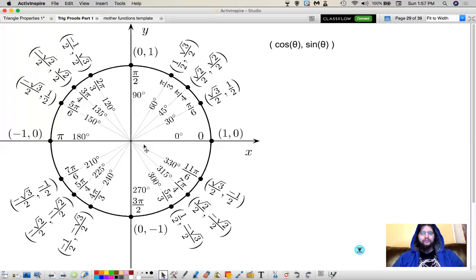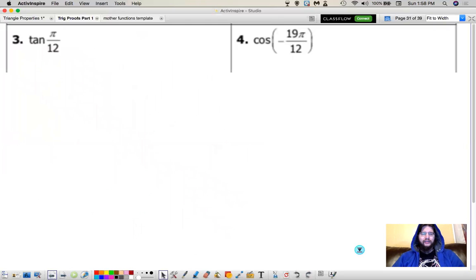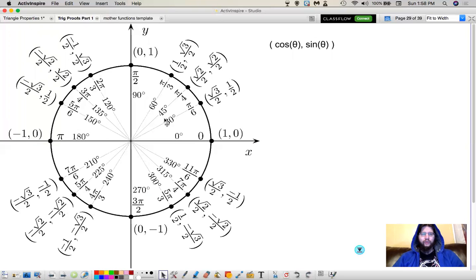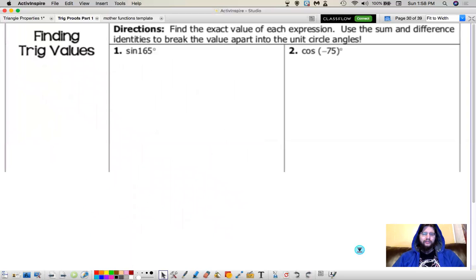Let's see if we can add, let's see, 165. So that's 120 plus 45. So there we go. We're going to use these two angles here. If you remember, these ordered pairs are cosine, sine. So for this one, sine of 165, we're going to say that's sine of 45 plus 120.